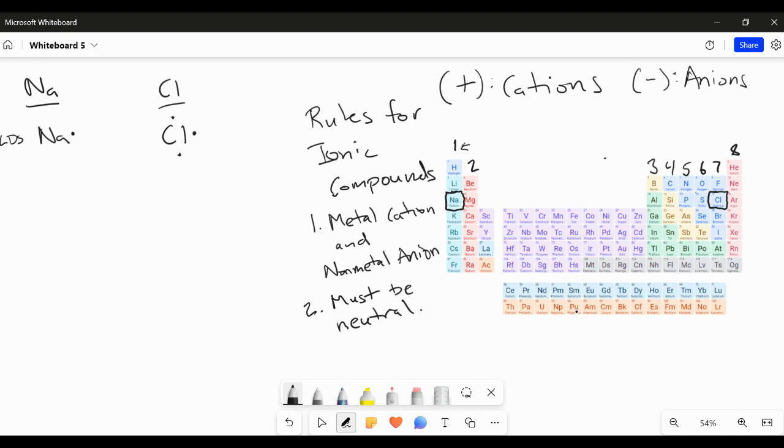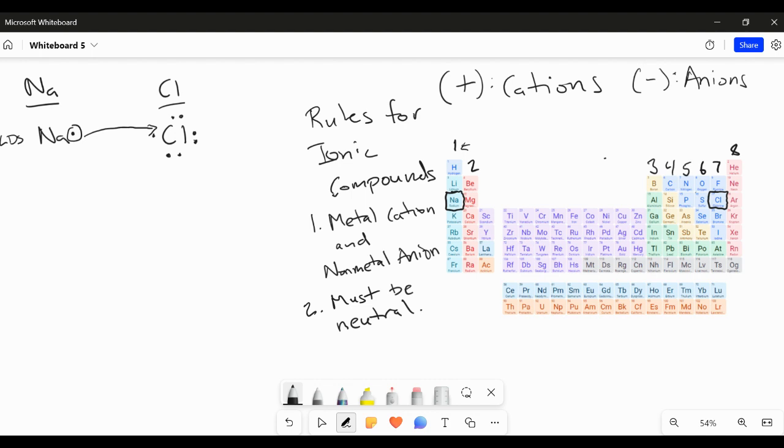2, 3, 4, 5, 6, 7. So remember, with these Lewis dot structures, you have to have one on each side, top, bottom, left, and right, before you can start pairing them. Now, when these two react, sodium is going to donate its electron to chlorine right here.